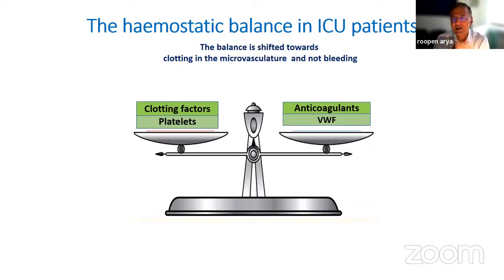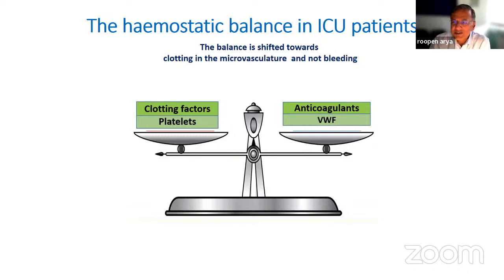And again, I think in all these areas that I've mentioned, like trauma or in the postpartum setting, the massive hemorrhage protocols, the use of the viscoelastic assays, TEG and ROTEM, have been very, very useful in progressing care of these patients.